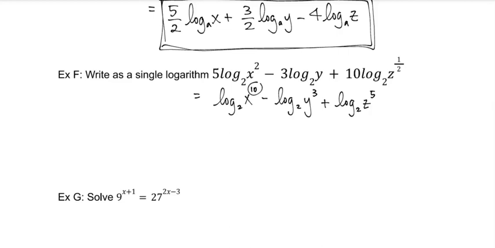Technically what I did is log base 2 of x squared to the 5, and then I skipped a step. Okay, so that's what's happening in there with the math if you are not sure about that step. And I'm going to put these together using my quotient and product rules. So I have a minus with the log base 2 of y cubed. So I'm going to do log base 2 of x to the 10 divided by y cubed times z to the 5.